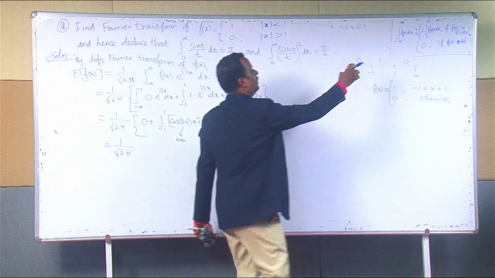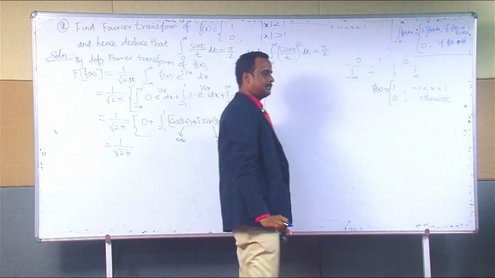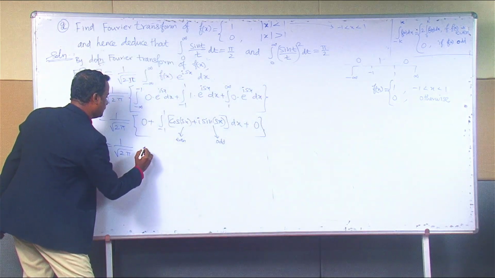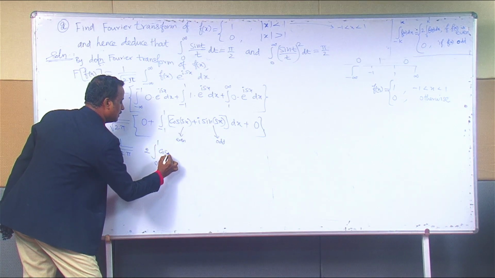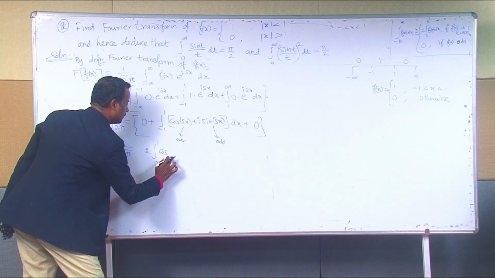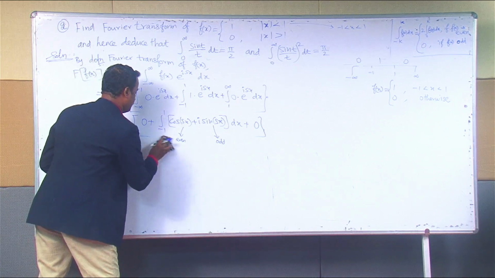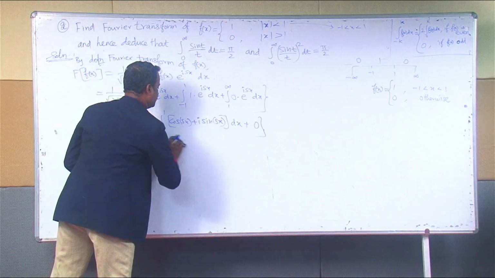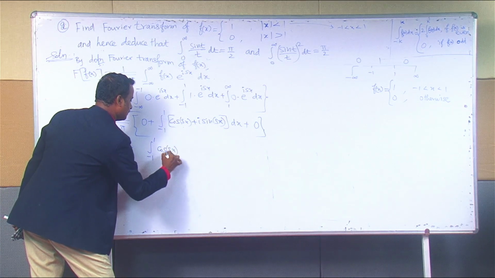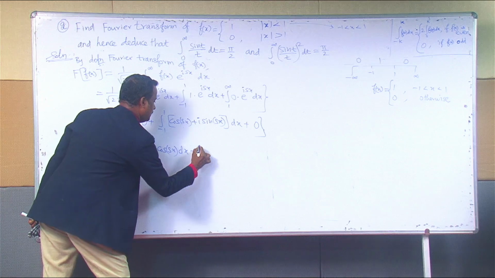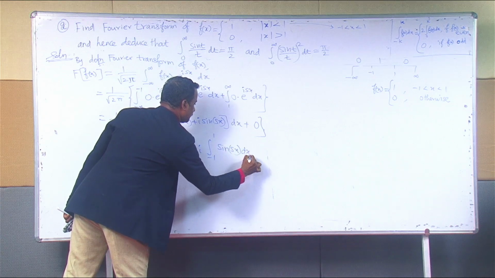For minus constant to plus constant, if it is an even function, it is 2 times the integral from 0 to k of f of x dx. So if this is an even function, we can write it as 2 times the integral from 0 to 1 of cos sx, or else we can use another step also. So we can write it as the integral from -1 to +1 of cos sx dx plus i into the integral from -1 to +1 of sin sx dx.